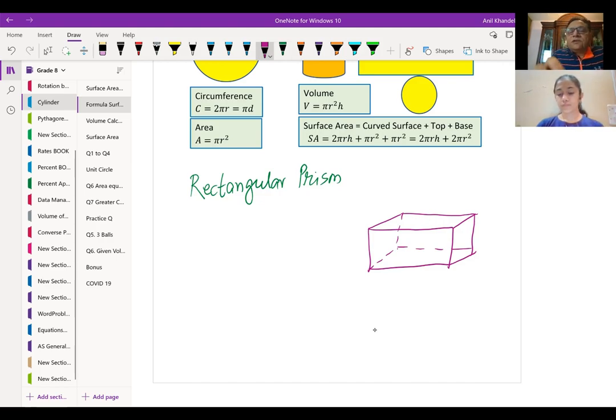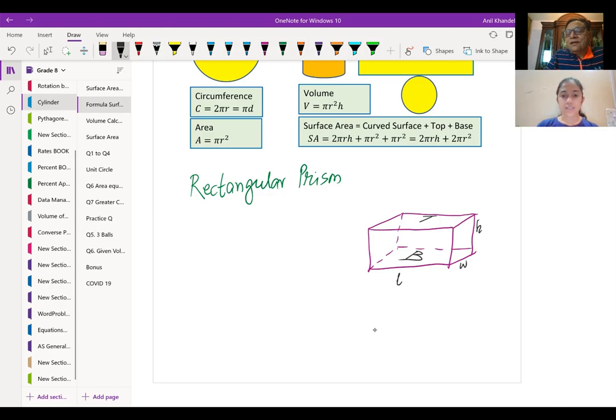Now, how many surfaces does it have? Let us say this is the length, width, and height. In that case, we'll see there are 6 surfaces, right? We can call this the top. This is the bottom. Do you see the top and bottom?